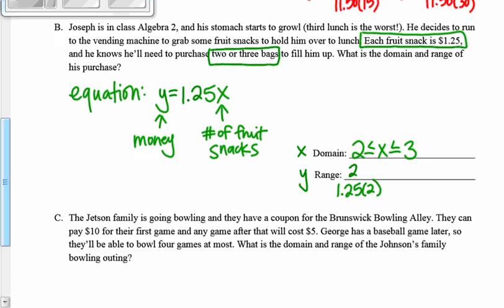So the least amount of money that Joseph is going to spend is $2.50. I'm going to use y because we're talking about range. And the most that Joseph would spend is if he purchased all 3 bags. So we would do 1.25 times 3, which would be $3.75.